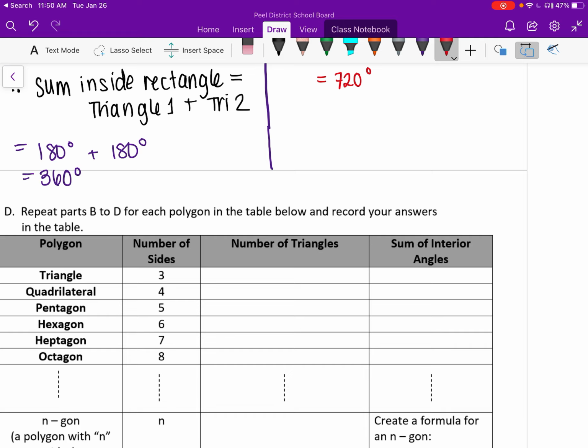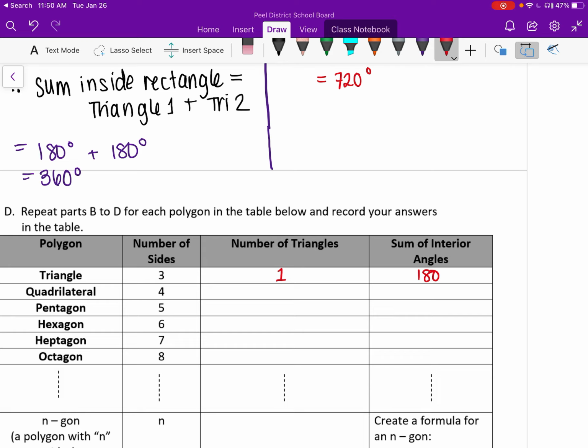I'm just going to put in my answers here. I'm not going to draw them out for you, but you should have drawn these out. So we have a triangle. The number of triangles inside a triangle is obviously just 1, and the sum of all of its interior angles is always going to be 180.